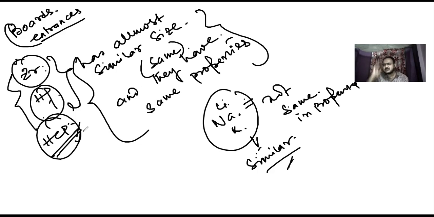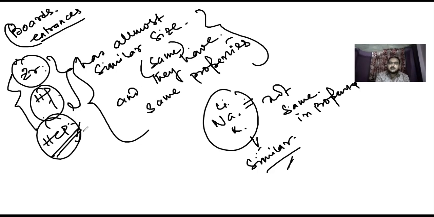I think the atomic number is 72. So the size should increase from zirconium to hafnium. But as it is present after the lanthanoid series, the effect of lanthanoid contraction falls on it.